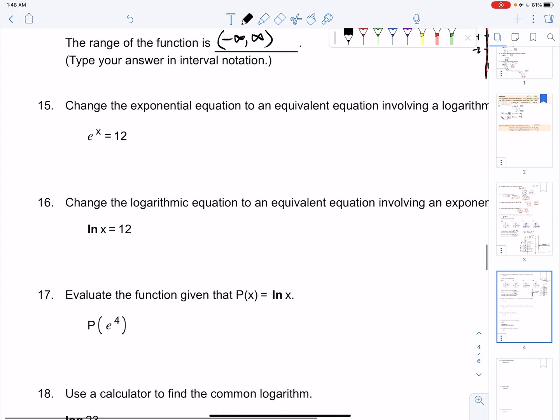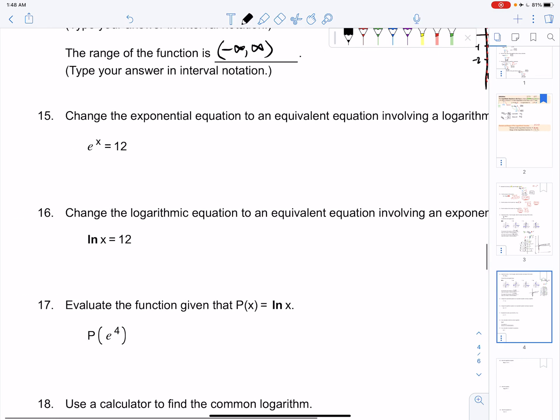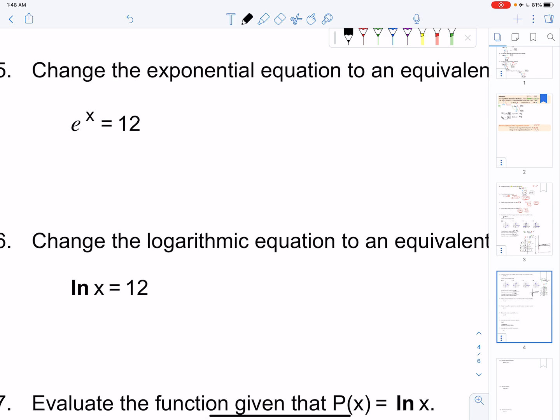The next step is changing the exponential equation to its equivalent logarithmic equation. Same thing we did before, but now we have an e to deal with. It shouldn't be that much different because e is the base. So what we have here is log base e of 12, and the whole thing equals the exponent of the power.